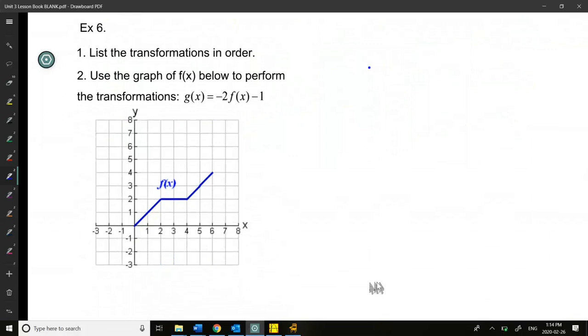Okay, so we're going to list the transformations in order, and then we are actually going to see if we can perform some of these transformations on our graph here. So the first thing that we want to do is in our function here, I want us to identify A's, K's, D's, C's. So what do we have here? Lauren? A is -2.